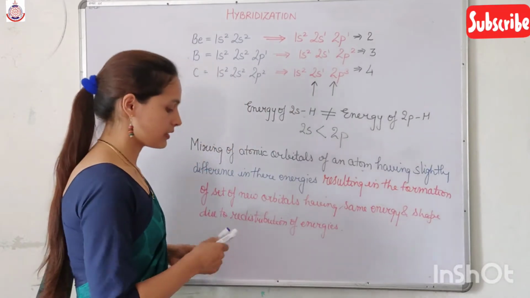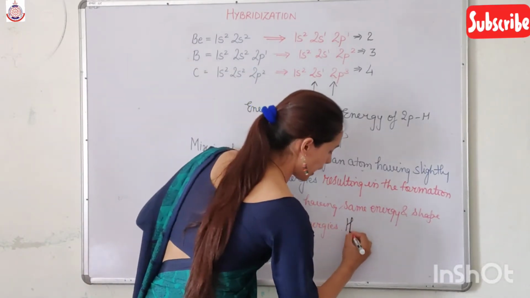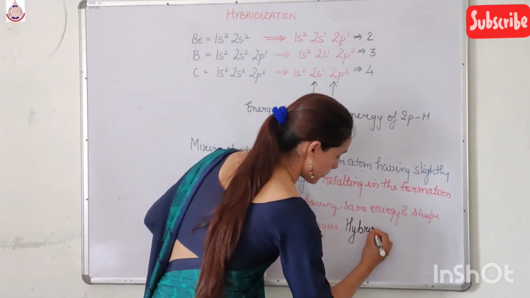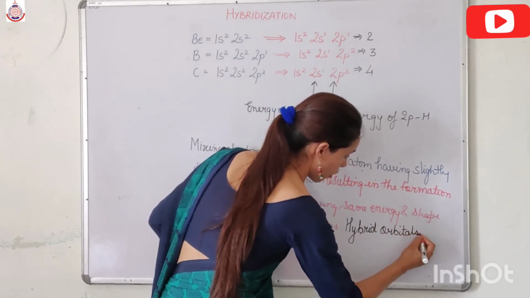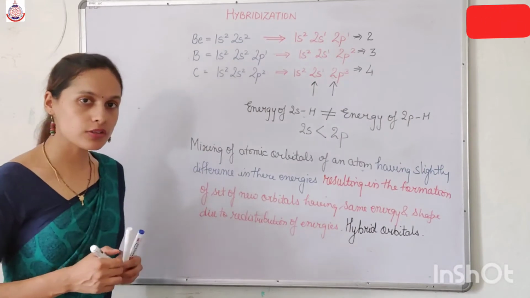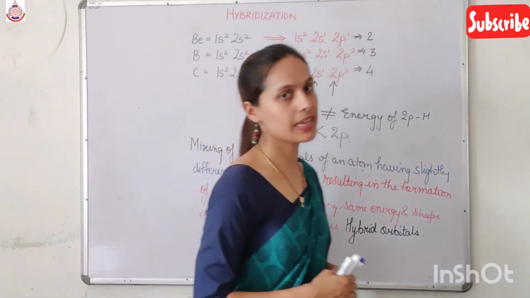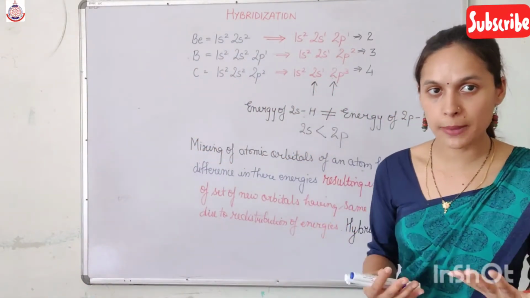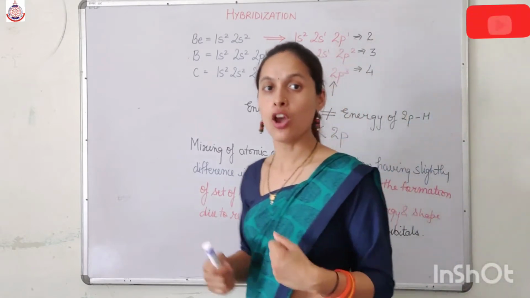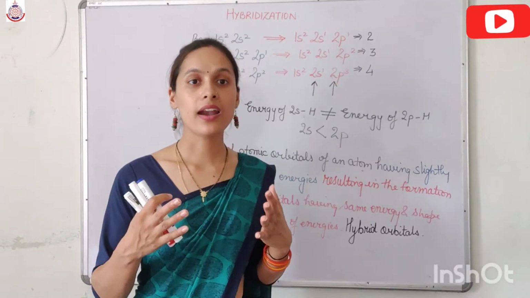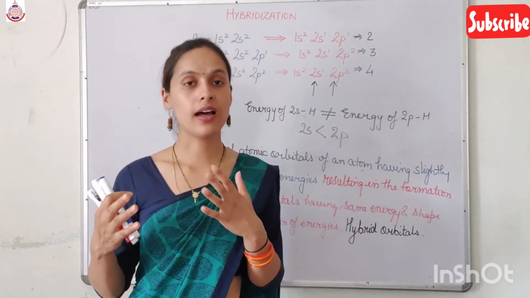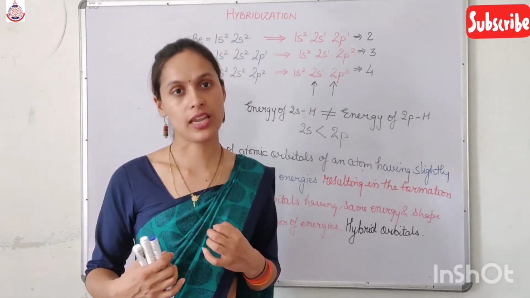And these orbitals are known as hybrid orbitals. Because of the same shape and same energy, all the 4 bonds formed by the carbon are equal and have the same energy.